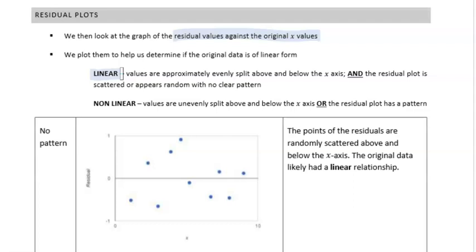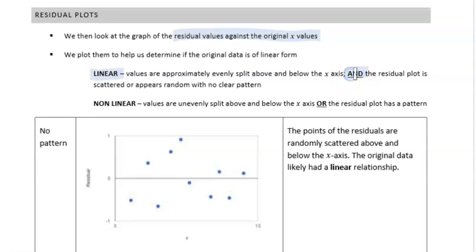What that means is that the data should be roughly half above and half below. We say roughly because you're rarely going to get an exact split, 5 dots above, 5 dots below. You might get 4 and 6. In a big data set, there might be a few points difference above and below, but it's just a guide, so approximately evenly split.